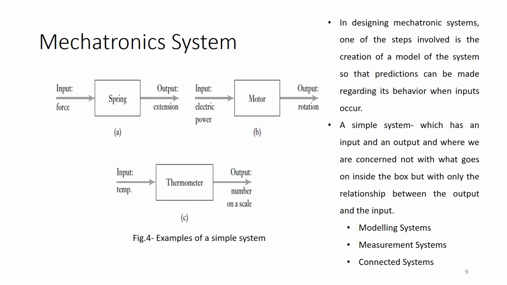Whatever mechatronic system you want to design, if you convert it first to a block diagram or model system, then you can work very easily on that system, because you can divide the mechanical systems as well as the electronic systems, actuators and sensors into a number of blocks. So it becomes very easy to work on those systems.